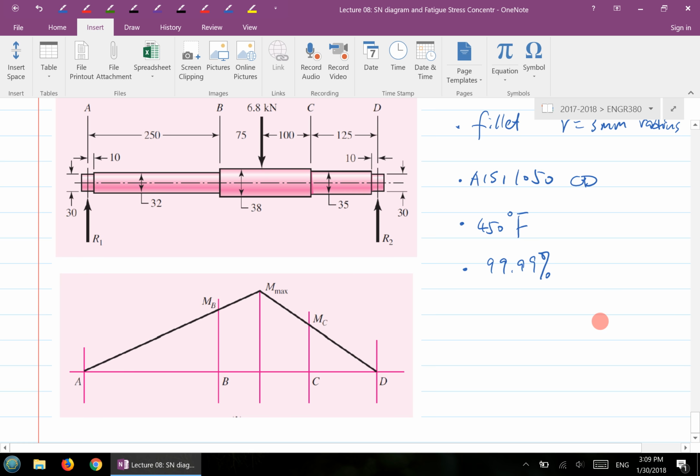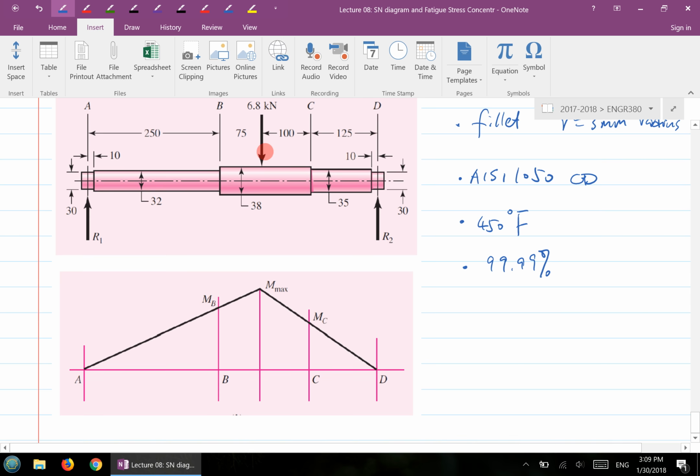So here is the shaft, and we can easily draw the bending moment diagram like this. Of course, here's the free body diagram, and you have to figure out what R1 is and what R2 is. You can figure out R1 and R2 easily by using the equilibrium equations, and then you can draw the bending moment diagram.